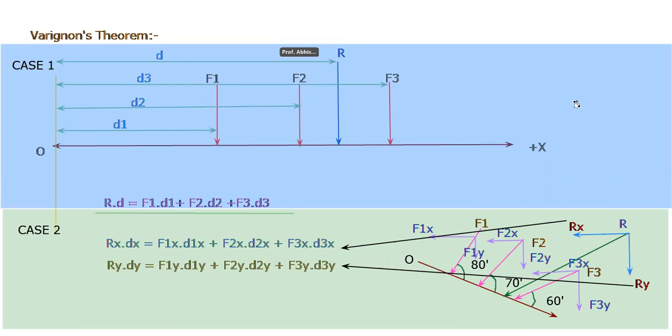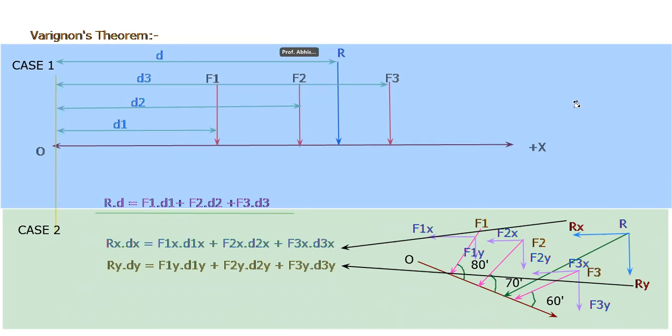So now you are able to see how this Varignon's theorem is useful in both the cases. In case 1, we got all the forces which were parallel to each other. But in case 2, we have all the forces which are not parallel to each other.